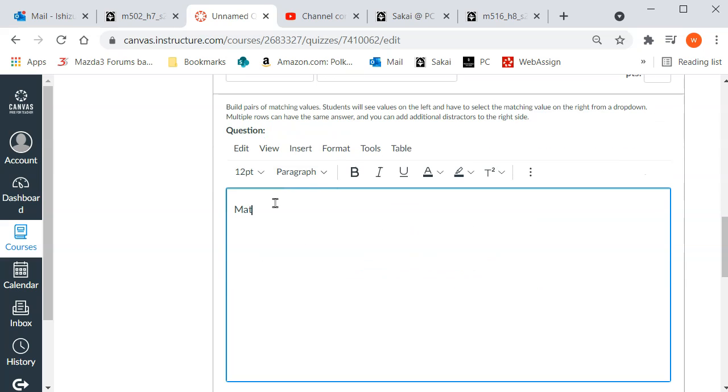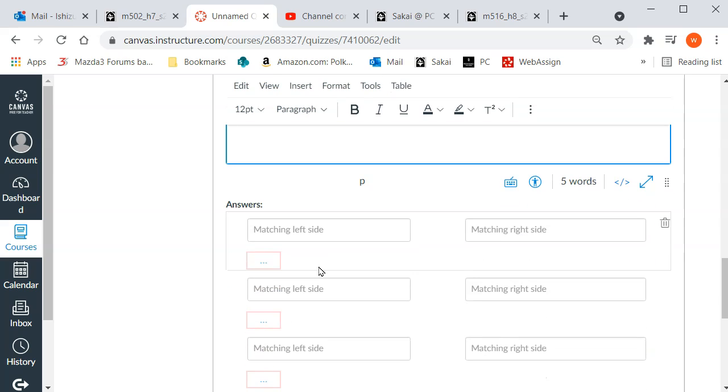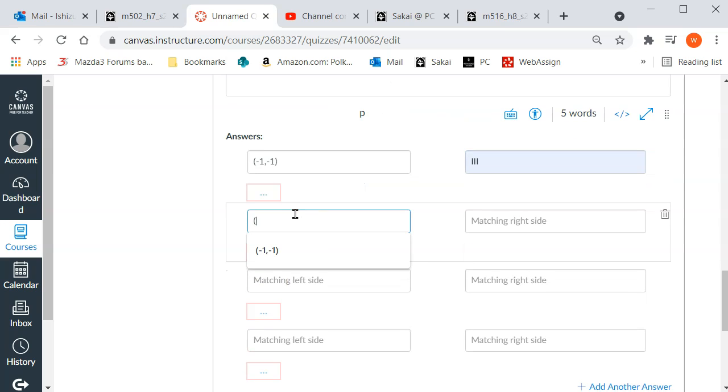You can say match points with their quadrants or something like that. Here, a point we can do is -1, -1, which is in the third quadrant, and we can do -1, +1, and that's going to be in the second quadrant.